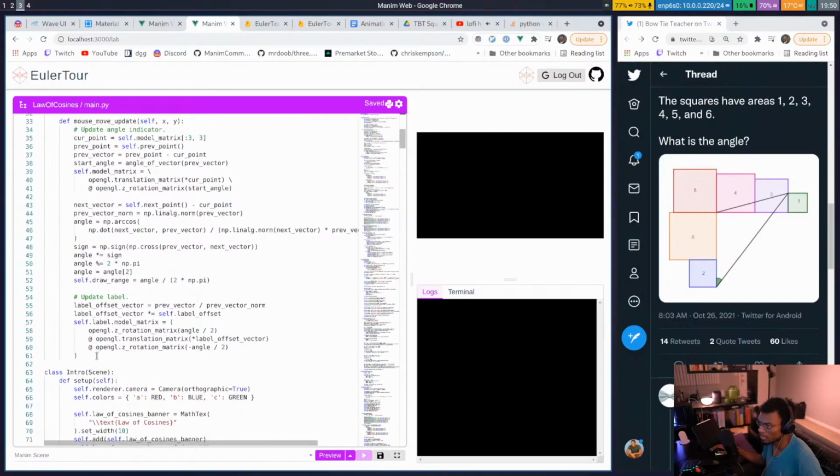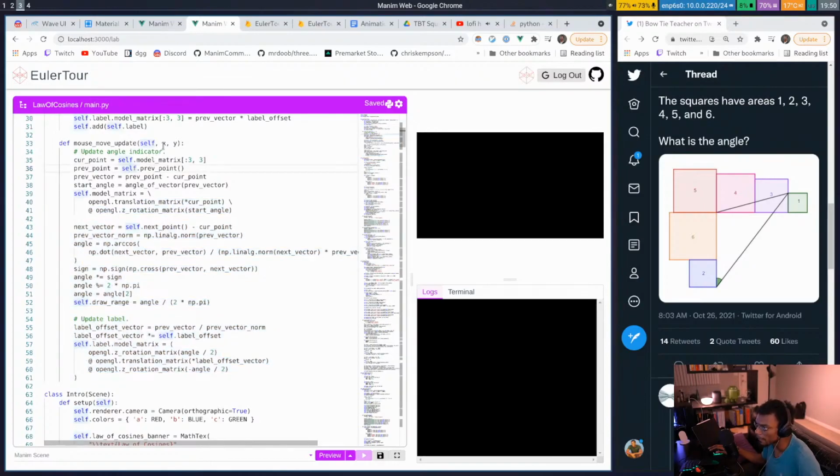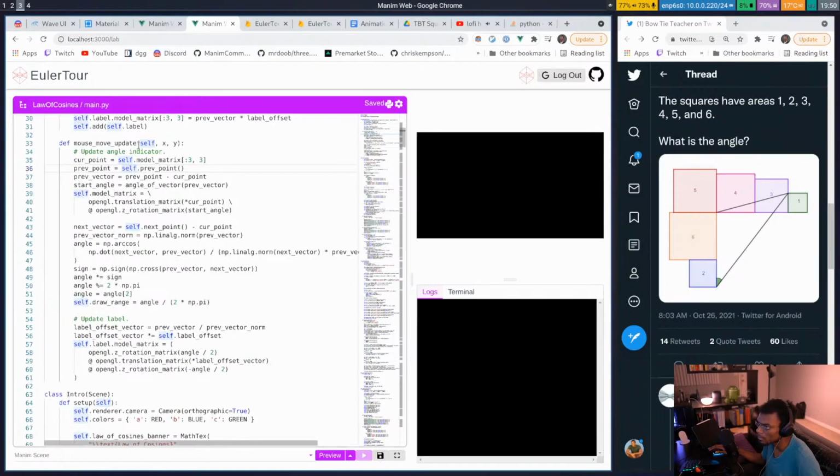Yeah, so basically all of this stuff. X and Y. Wait, what do I do with X and Y? Is it even used? It just calls that function.